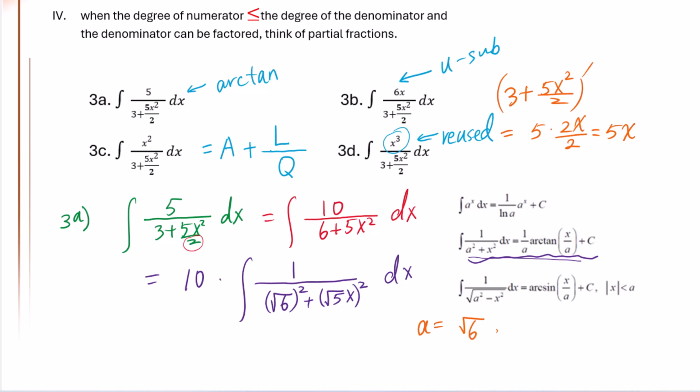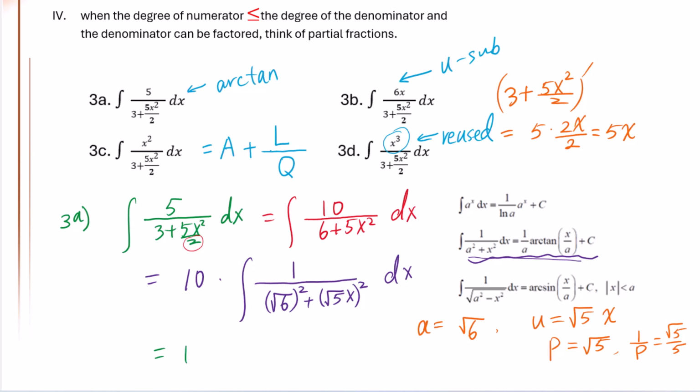We know a equals square root of 6 and u equals square root of 5x. p equals square root of 5. 1 over p equals square root of 5 over 5.